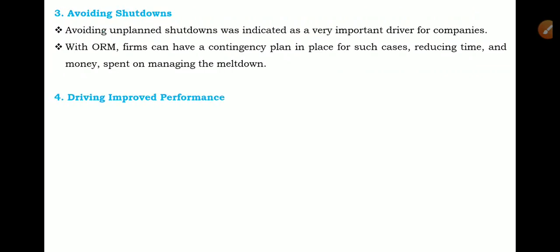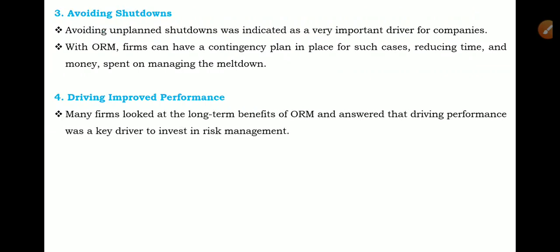And next, a fourth driving component is driving improved performance of the company. Many firms looked at the long-term benefits of operational risk management and answered that driving performance was the key driver to invest in risk management.